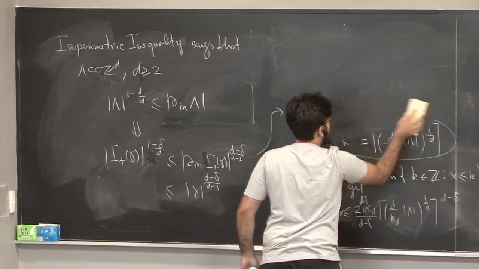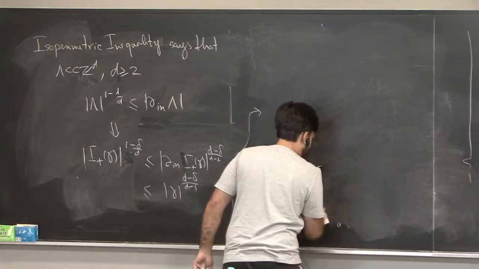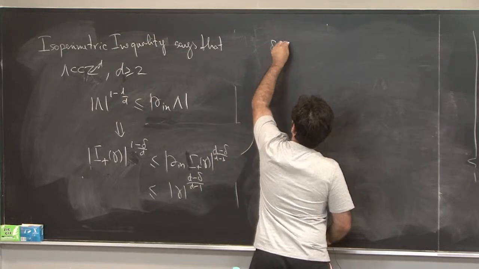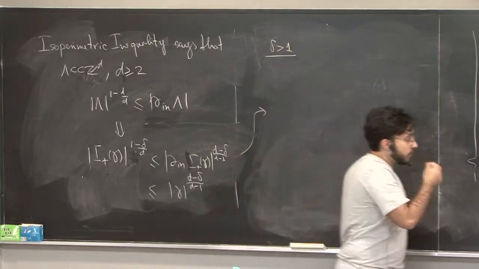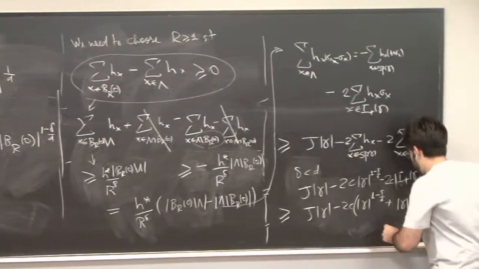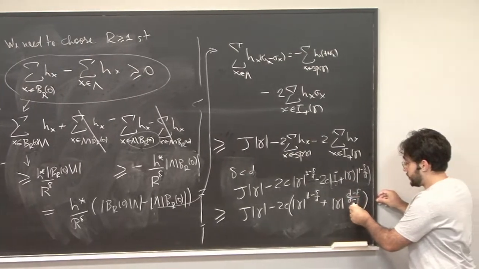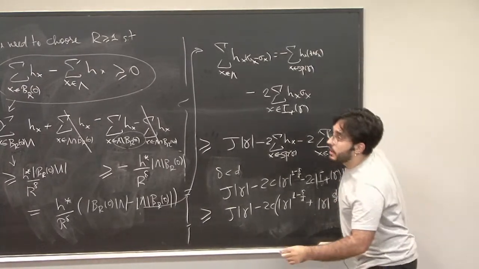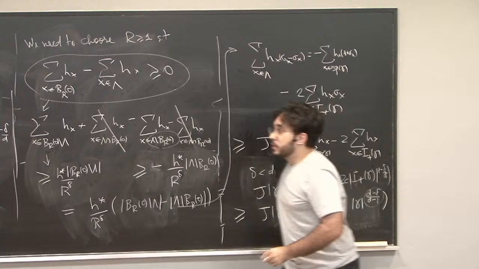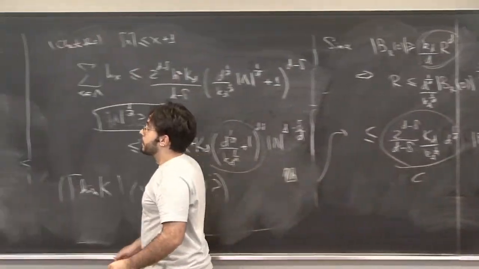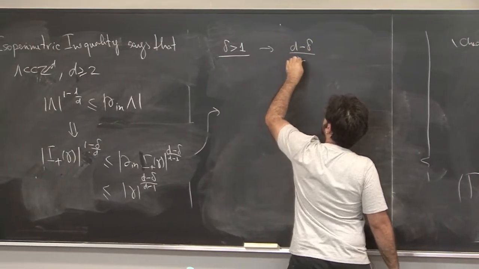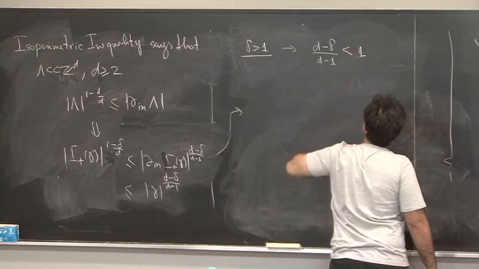By analyzing this term and playing with the constants j, for instance, you can see that we have different regimes. If delta is larger than 1, then this quantity here is less than 1.